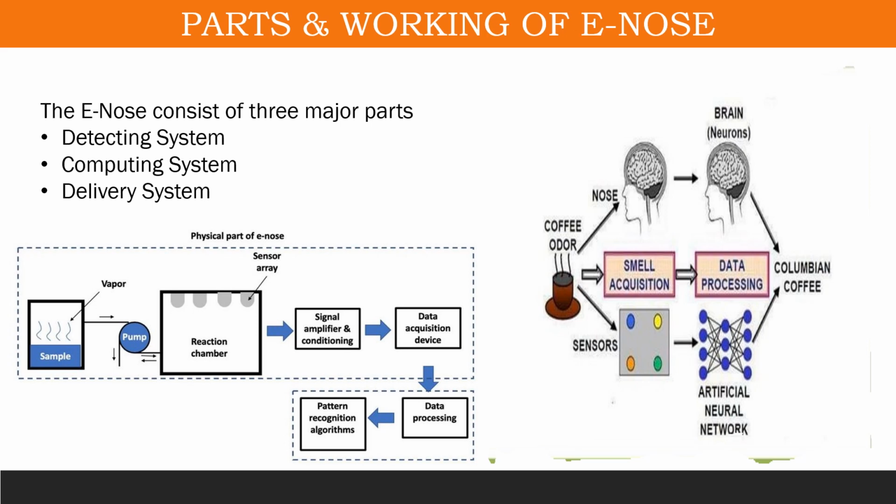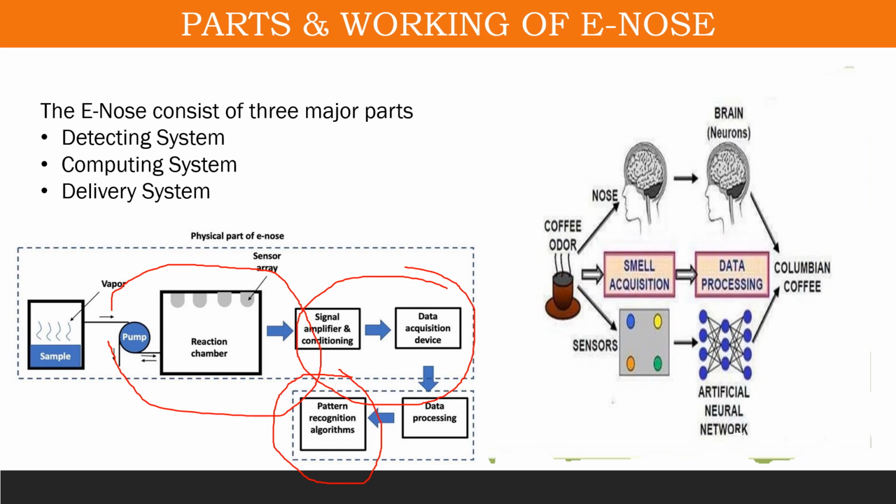Now, what are the parts, and how does the e-nose work? The e-nose consists of three major parts: the detecting system, that is this, the computing system, and finally the delivering system. First, the sample is given into the reaction chamber.